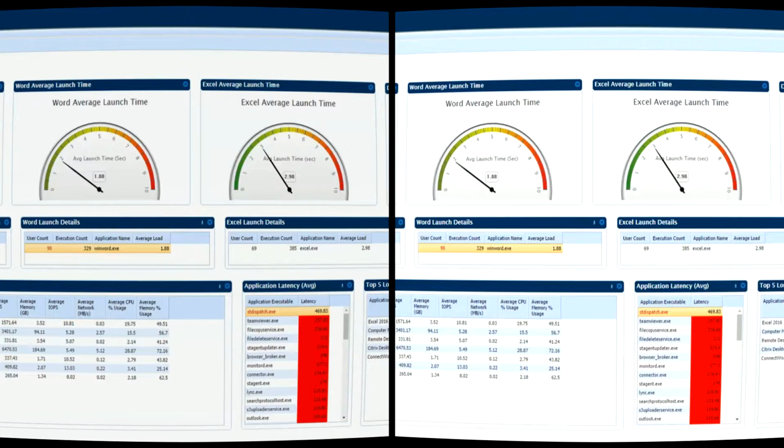The first thing we look at is the first launch time seen in the top right hand corner. This is looking at the initial load time, which is expected to be longer due to the extra processes such as AD and group policy loads that have to happen before the application or desktop becomes available.